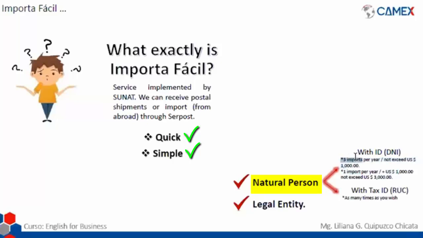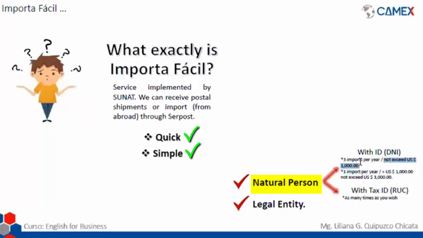Now, I've seen many people who tend to import more than 3 times a year, but according to the law, you're only allowed to import with just your DNI or your ID 3 times per year, if they don't exceed $1,000.